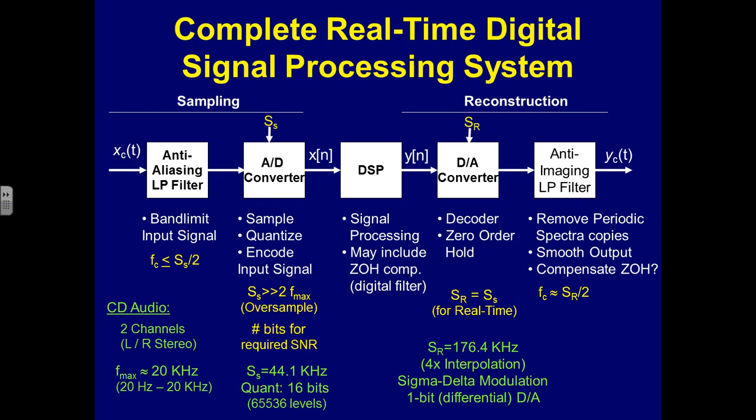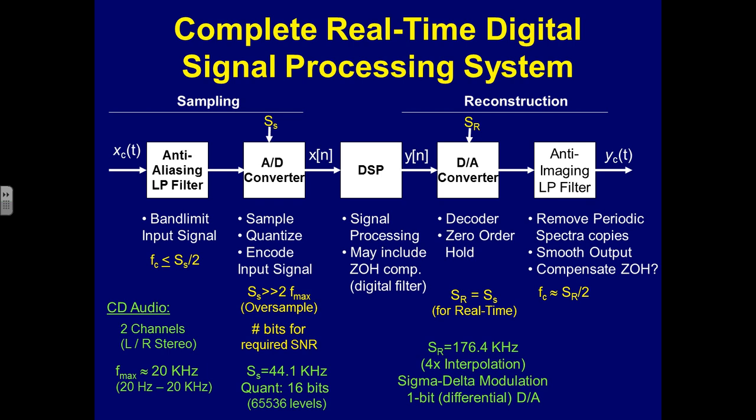What comes out then is still a discrete time signal that we have to turn back into an analog signal by reconstruction. Usually that would go through a device called a D-to-A converter that would decode the binary number, and using a weighted amplifier system would come up with an analog voltage, would tend to hold that same voltage for each T sub s period in a zero order hold kind of mode.